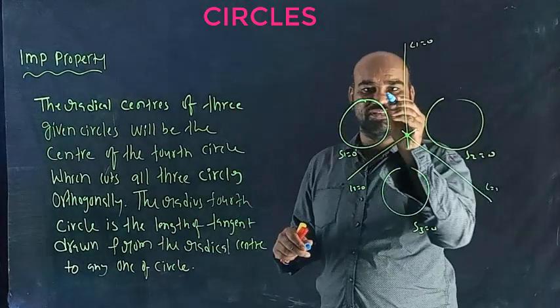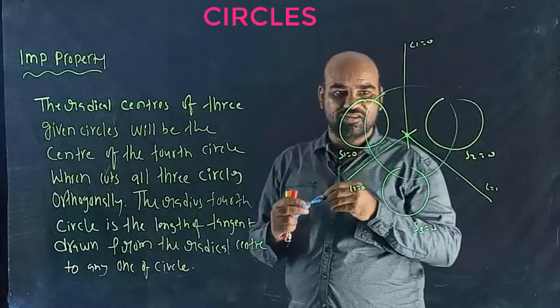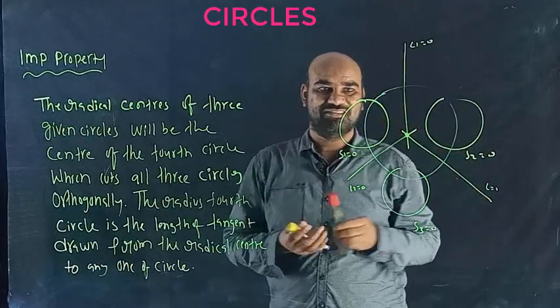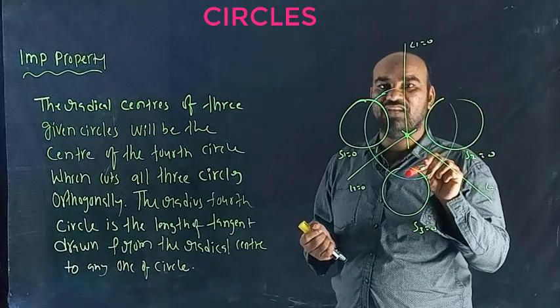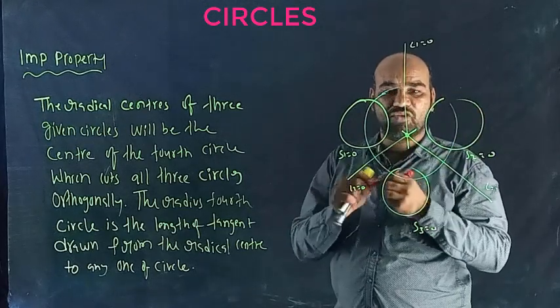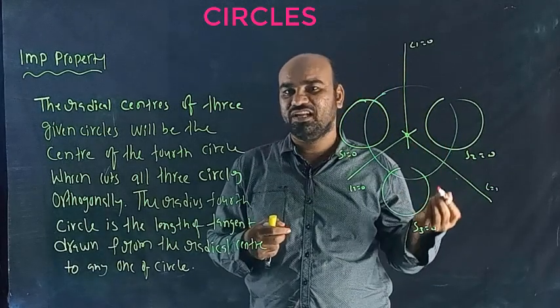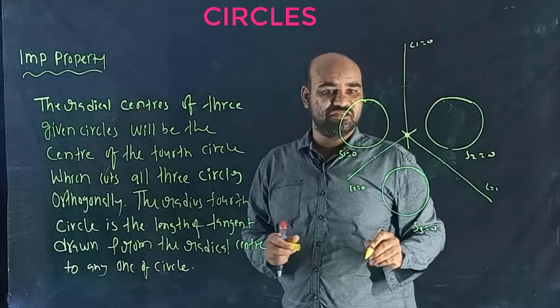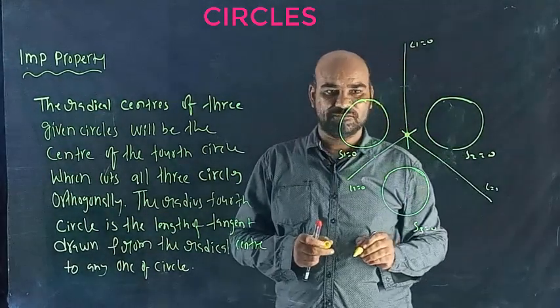It says that there exists a circle which is orthogonal to the three, and the radius of the resulting fourth circle is nothing but the length of the tangent drawn from here to any one of the circles. This is the radical center for these three circles.